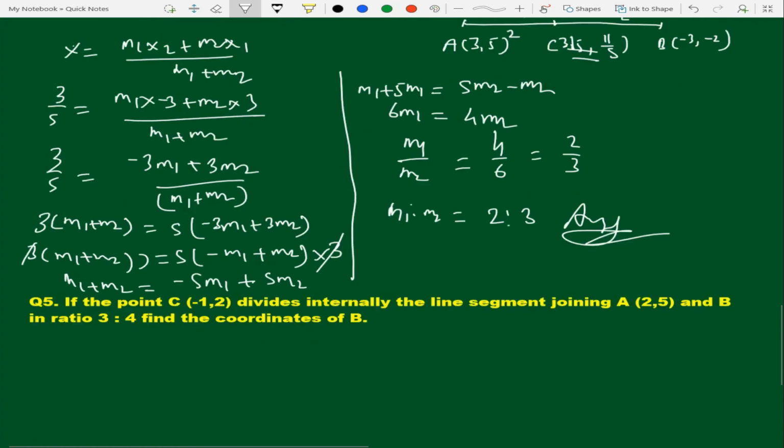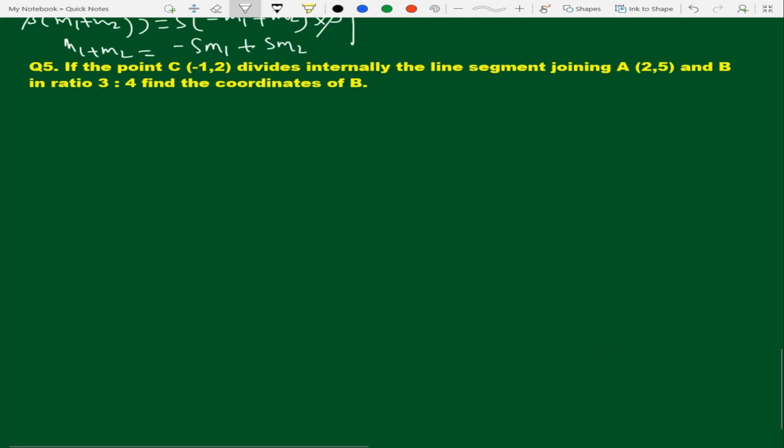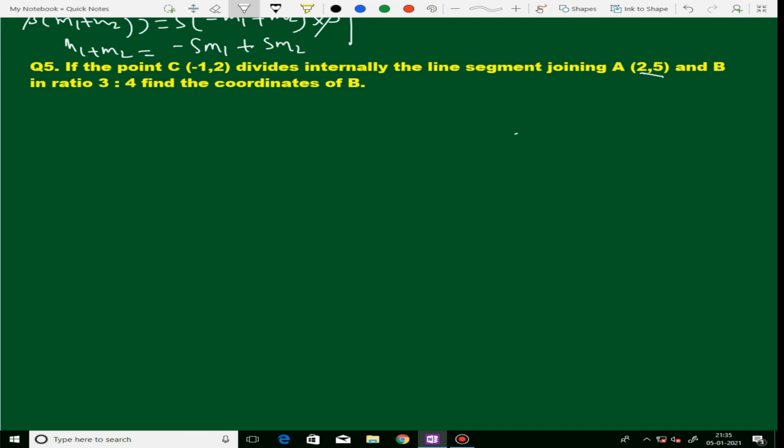Now next, if the point C minus 1 comma 2 divides internally the line segment A 2 comma 5 and B, coordinates of B, suppose this is our A point, 2 comma 5, and this is B, suppose this is x comma y.